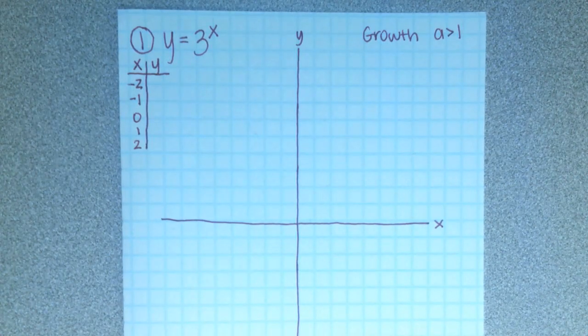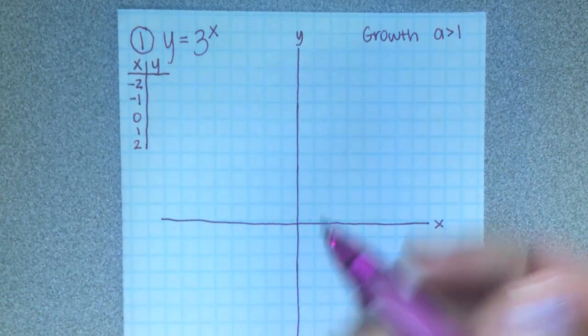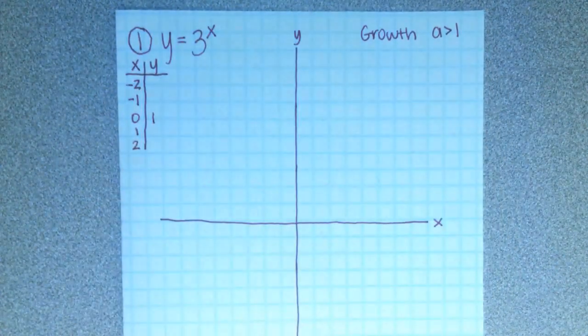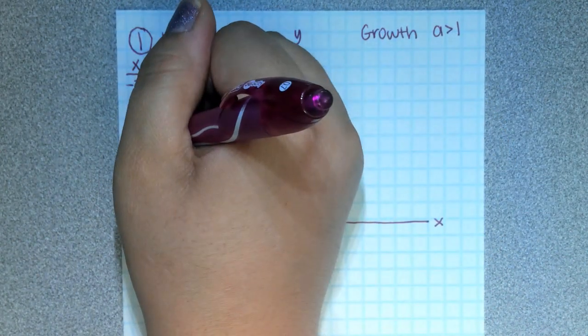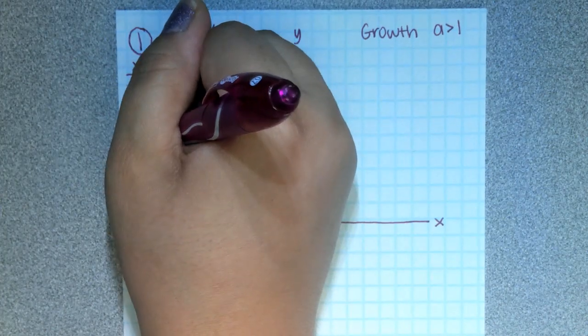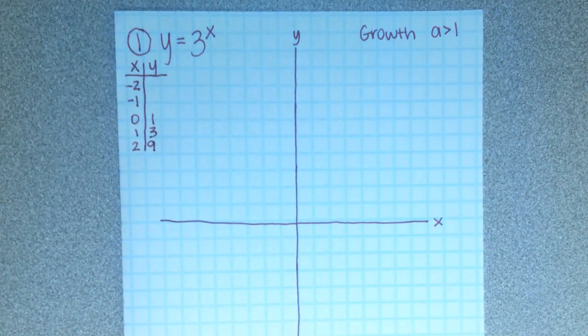Let's start with the easiest answer. What is 3 to the 0 power? 1. What's 3 to the first power? And 3 to the second, or 3 squared? 9. Don't put 6. It's 9.